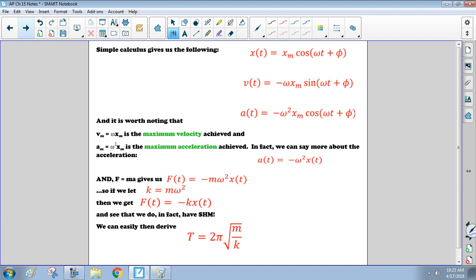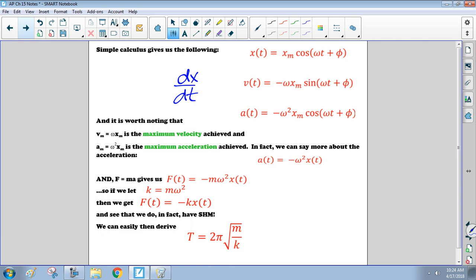Okay, so if this is the equation for position, how do we find the velocity at any given instant? Take a derivative, right? Because remember, the velocity at time t is just dx/dt.